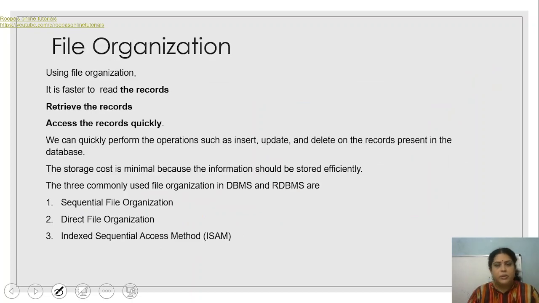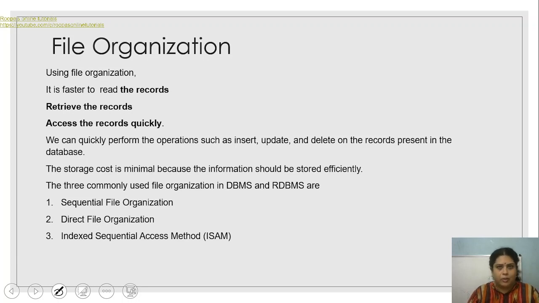Coming to physical data independence, the file organization. File organization is mainly used because you want it to be faster to read, retrieve and access the records quickly. Even if in your table you keep things wherever you want, it will be difficult to get those things back.